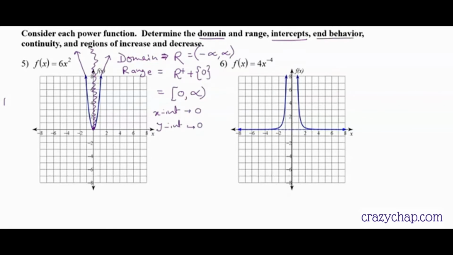End behavior means when x tends to infinity, how does the function behave? And when x tends to -infinity, how does it behave? So when x is very, very large, y also becomes very large, which is actually infinity. So when x tends to infinity, f(x) would be infinity.